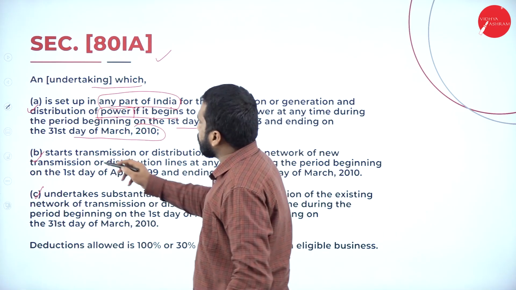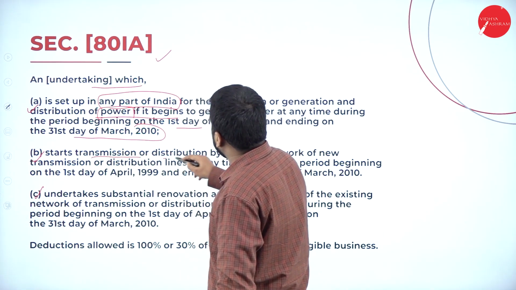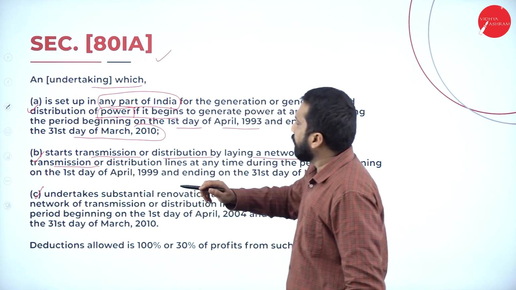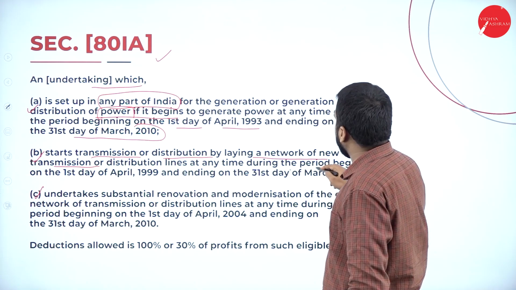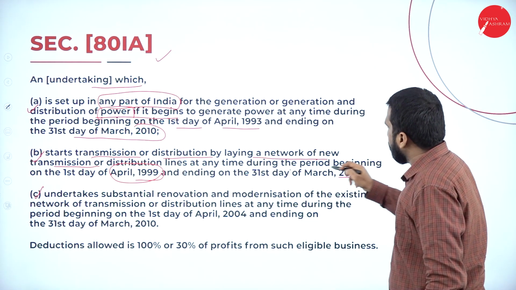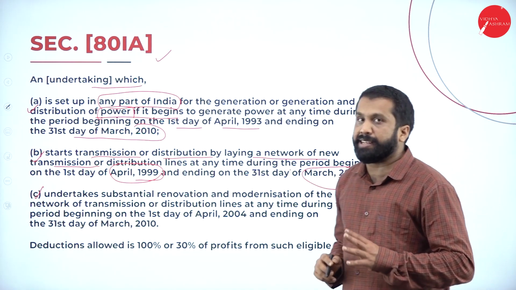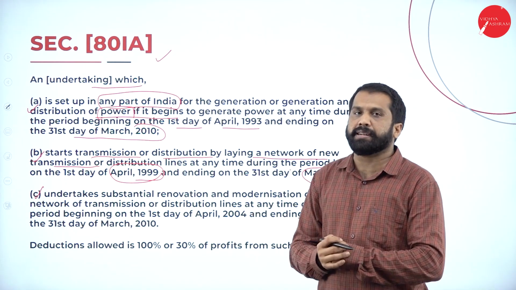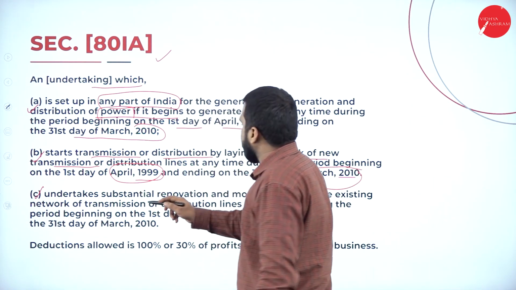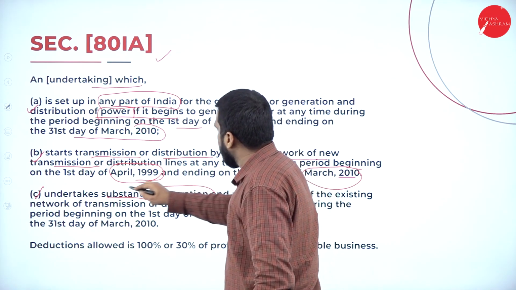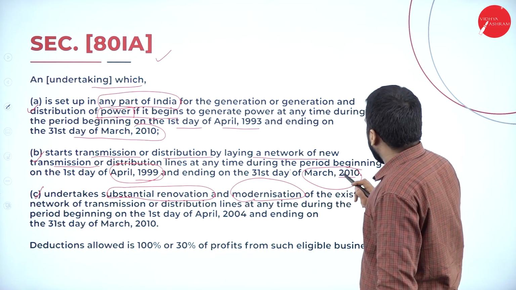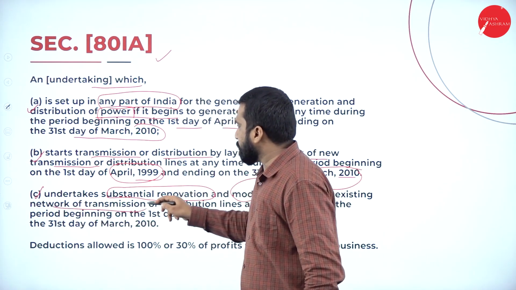Second one, start transmission or distribution by laying a network of any new transmission or distribution lines at any time during the same period. From April 99 to March 2010, if you have done any transmission related work, you will get deduction. And the last one, undertaking substantial renovation and modernization of the existing network of transmission.